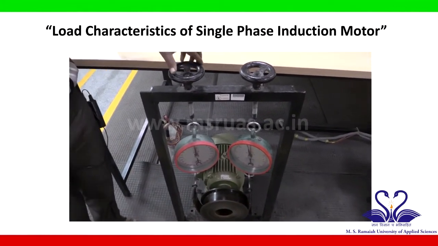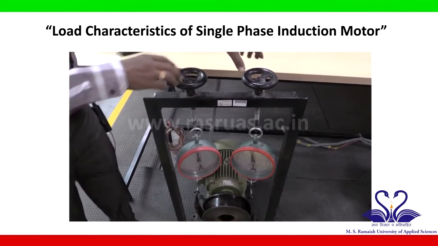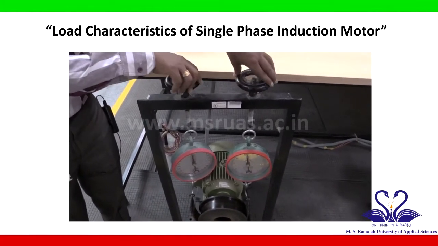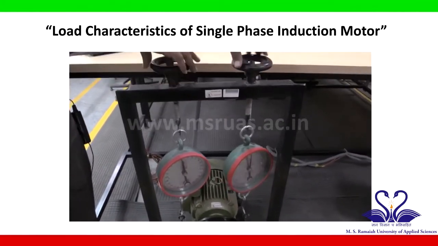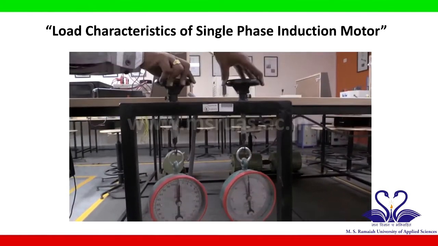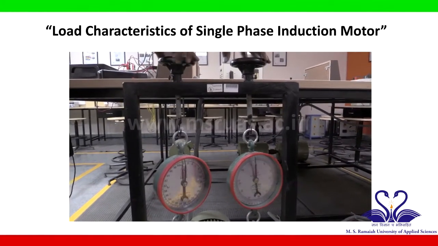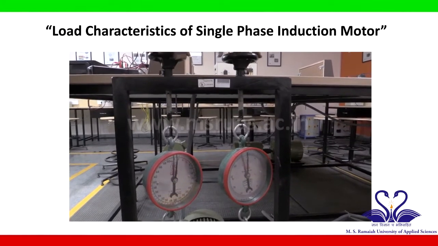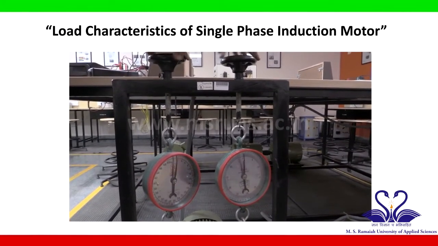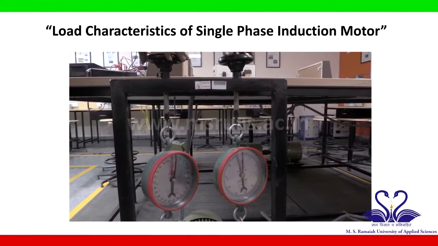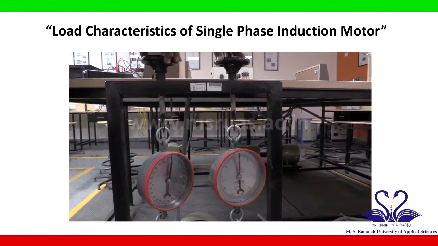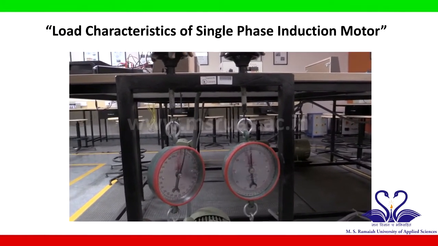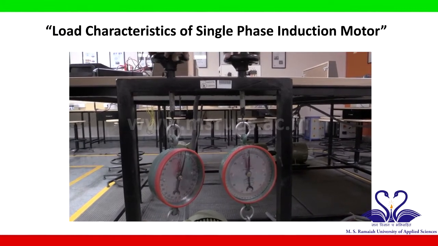Now apply the load with the help of the variable knob positions simultaneously. So apply the load. Initially the ammeter is showing 4.2 amperes.